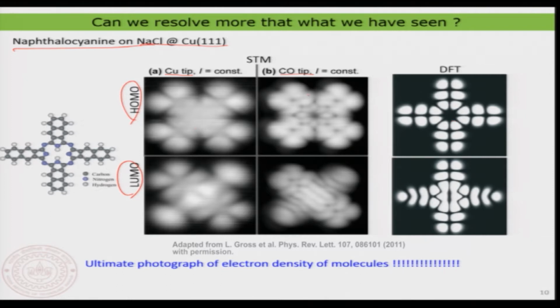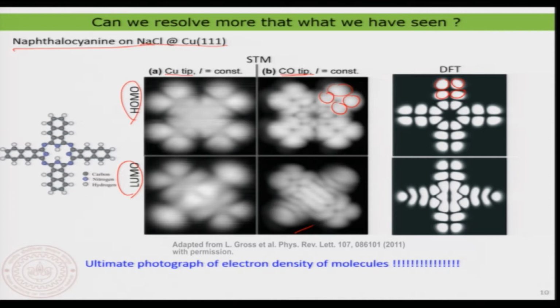However, when you use a carbon monoxide tip, the sharpest tip you can think of, you can clearly reproduce these lobes as you see in the theoretical calculations. This is quite spectacular. Also, for the unfilled orbital, you can clearly reproduce the contrast as you would expect from a theoretical calculation.